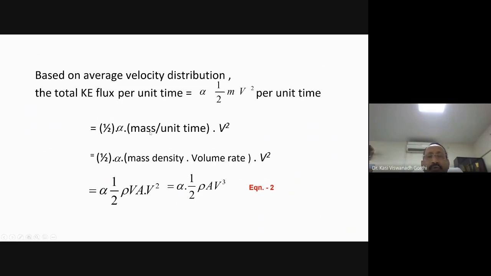Mass rate is rho A V, into V square. So half of alpha into rho A V cube is the kinetic energy flux based on the average velocity distribution.